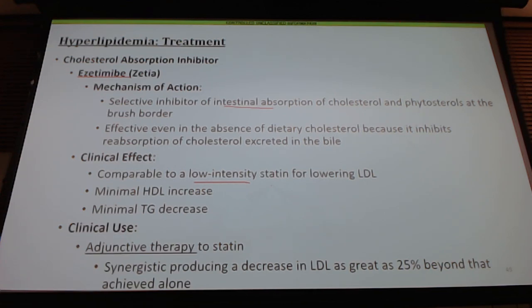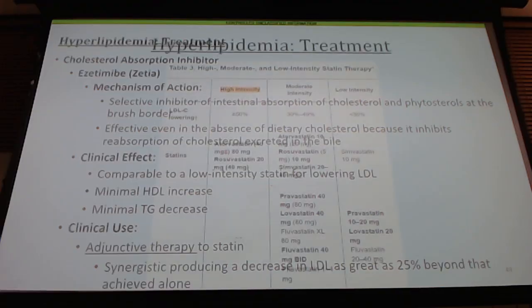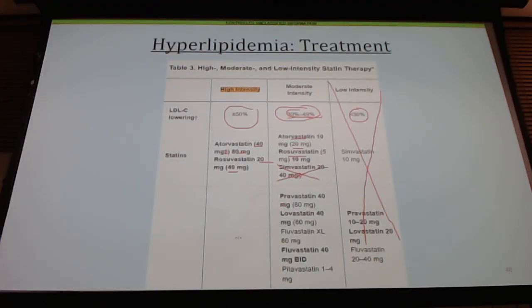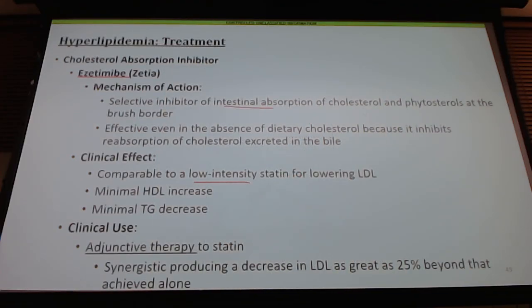When we went back to our slide here, we anticipate low intensity is something like less than 30% reduction in your LDL. So by putting them on Zetia or ezetimibe, I'm expecting about the same drop in my LDL with just this agent alone, but it's usually not something we give as a monotherapy, but it can be a great adjunctive therapy to statins.